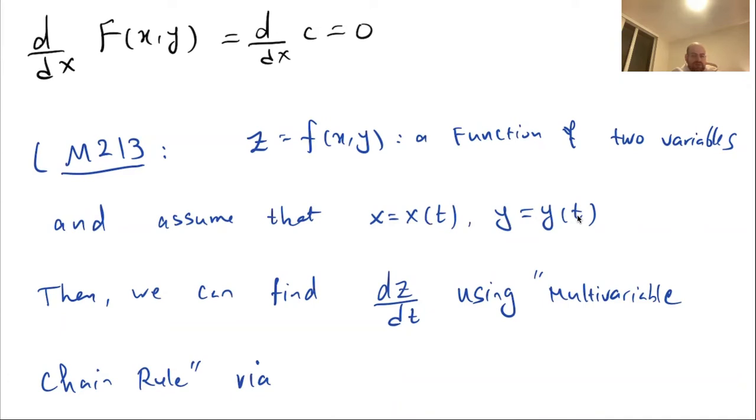Y is a function of x, right? So x is a function of itself because x is x. So t and x are both x, and y is a function of x, because my t is x here.